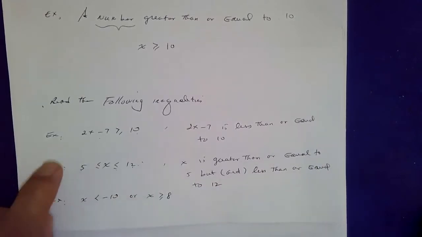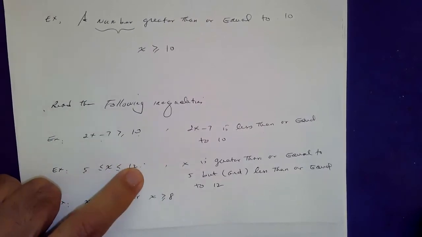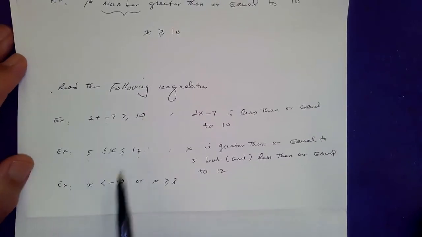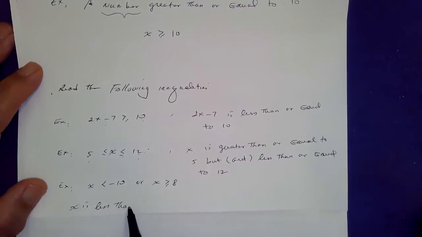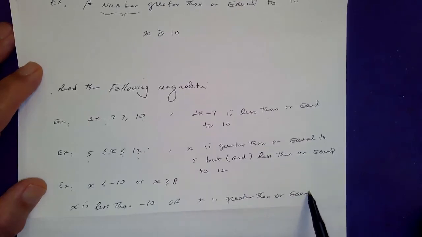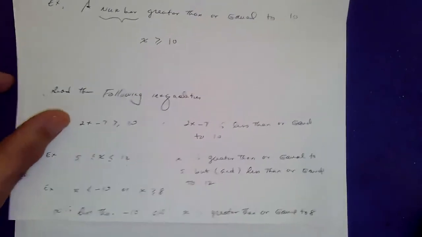So it's always greater than the number on the left, smaller than the number on the right. So this is the smaller number, that's the greater number. So this guy reads x is less than negative 10, or x is greater than or equal to 8. That's how you read this, correct?